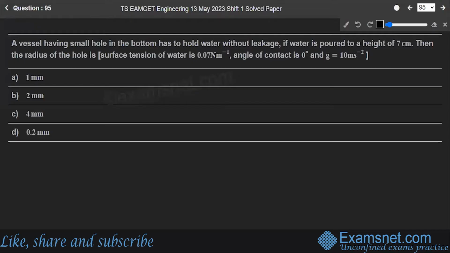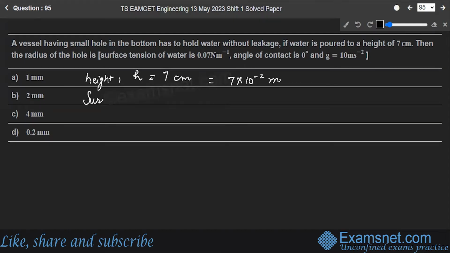Question number 95. A vessel having small hole at the bottom has to hold water without leakage. If water is poured to the height of 7 centimeter, then the radius of the hole is what? Surface tension of the water is taken as this and the angle of contact is 0. You have to take the value of g as 10 meter per second square. So here in the question, you have h, that is your height, as 7 centimeter, which is converted into meters.